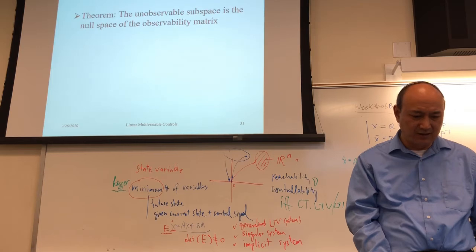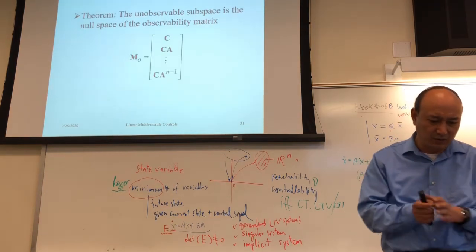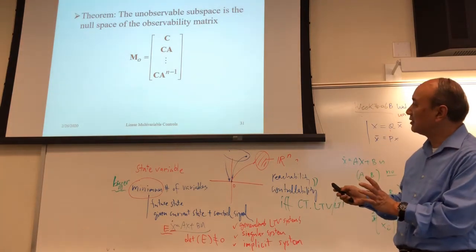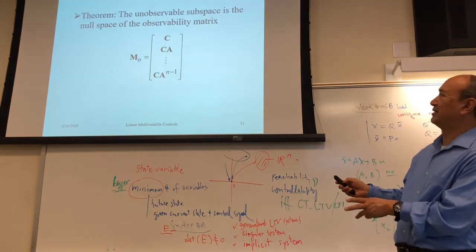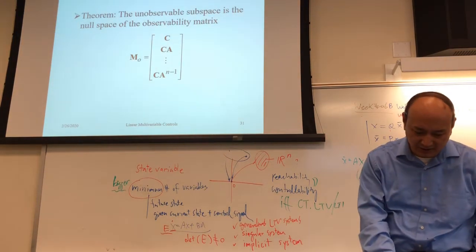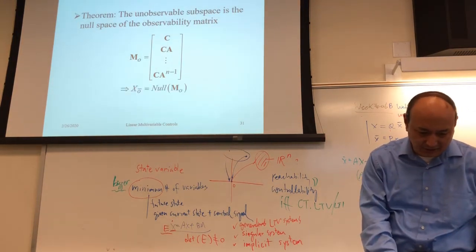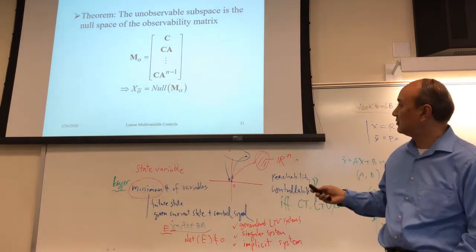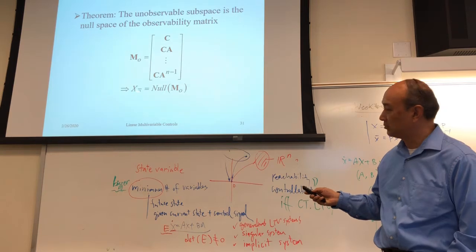Let's see more clearly what we mean. It's the null space of the observability matrix. Null space means you get a 0 output. The null space is X, O bar.